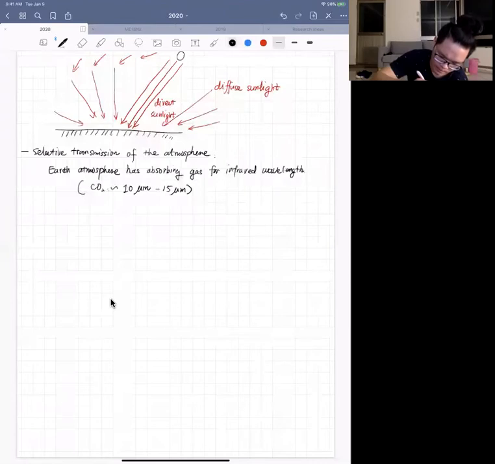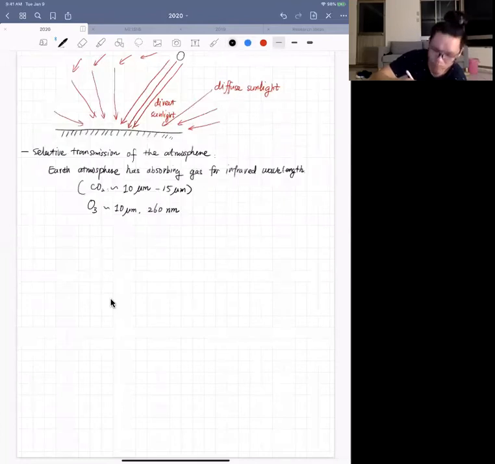But there are some other gases, like ozone. It also absorbs around 10 micrometers. But ozone is very good because it also absorbs UV, 260 nanometer, very short wavelength UV light. So the ozone layer is kind of like a filter. It filters out a large portion of the UV light from the sun.